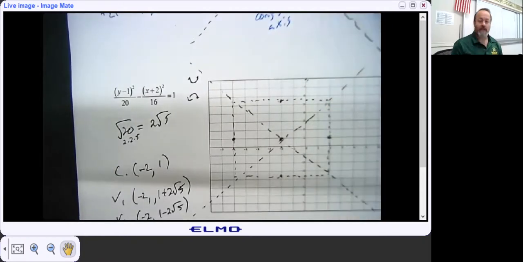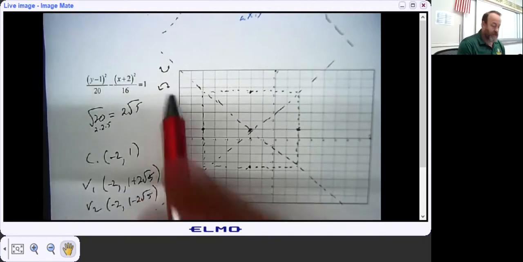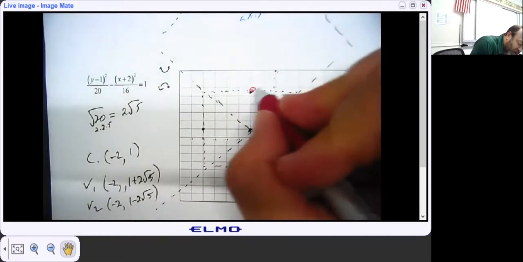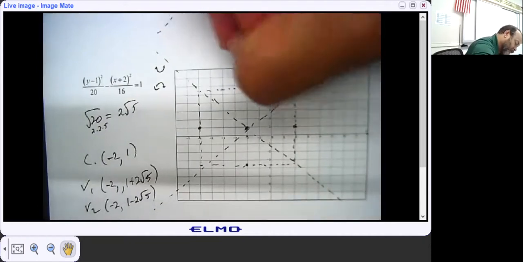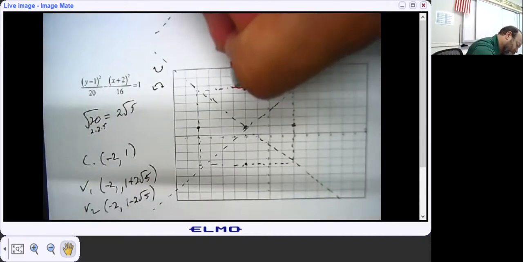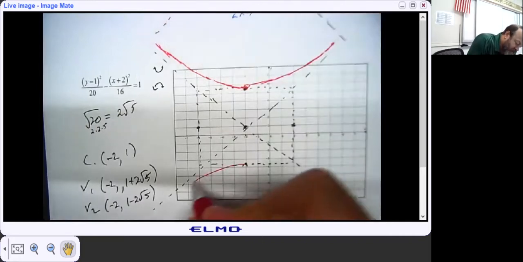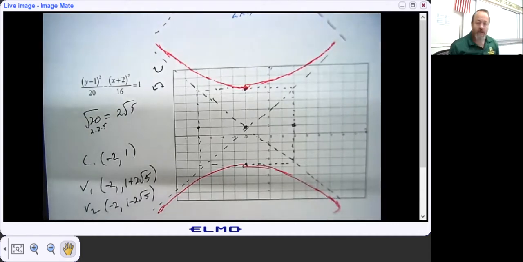I'm doing a pretty decent job at that, but I'd really like to see you use an actual straight edge to make those work. Now, like I said, this one is going to open up and down. You're going to notice that this one's a little bit lazier than the one that I did above. There it goes. Cruises along, touches the box right here, and starts opening in the up direction. This one down here opens in the downward direction, trying to get closer to that line.